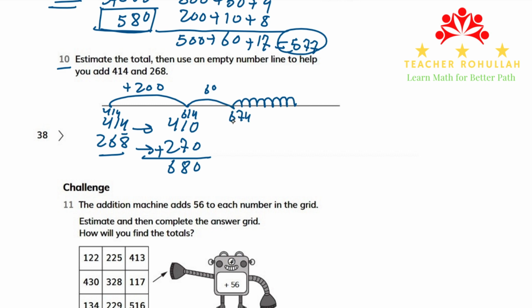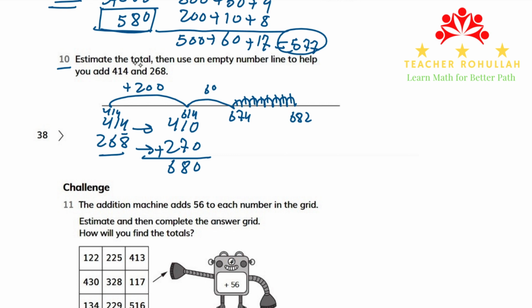So 674 plus 1 will be 675, 676, 677, 678, 679, 680, 681, 682. So the total that we get is 682.